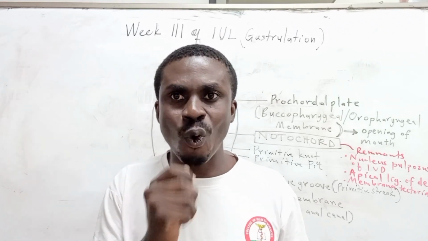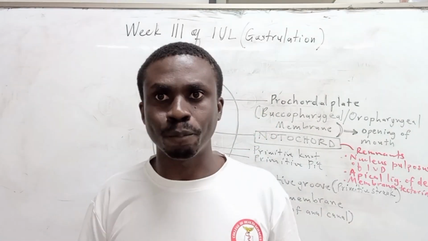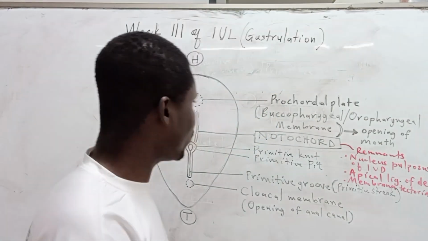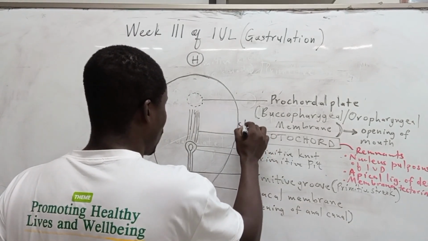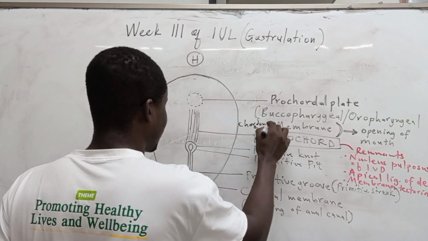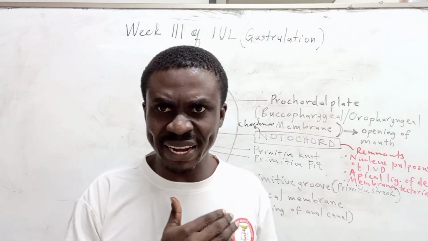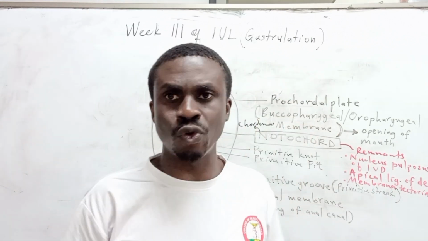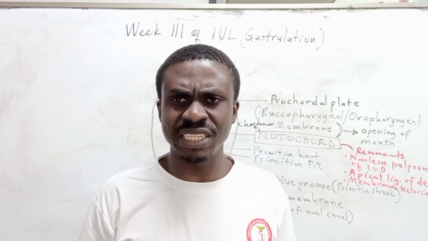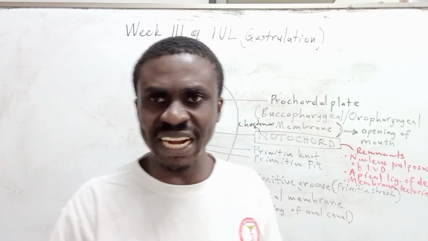Something we call chordomas. Whenever we talk about chordoma, we are talking about the cancer of this structure. We expect that you should form these normal things only and not lead to chordomas, but some people have a genetic predisposition to develop this rare, malignant condition.